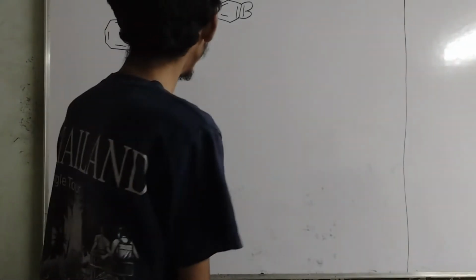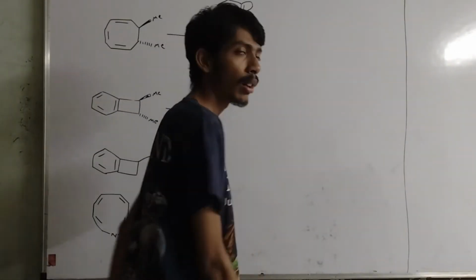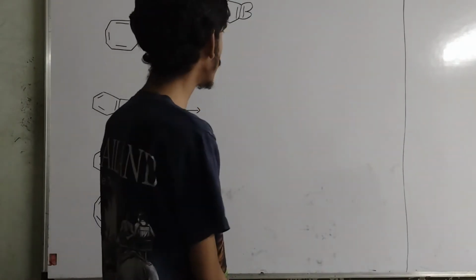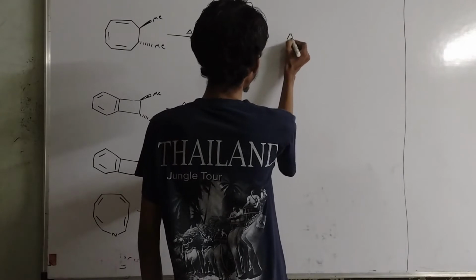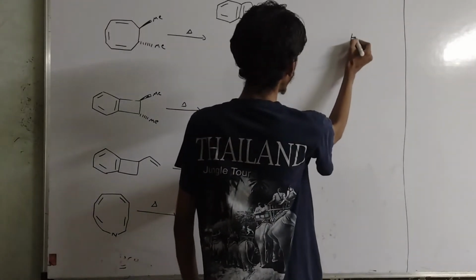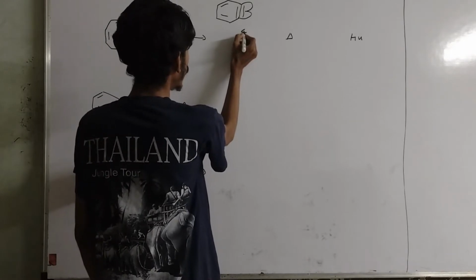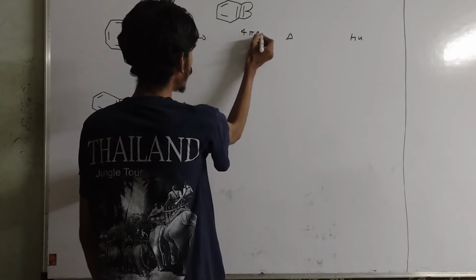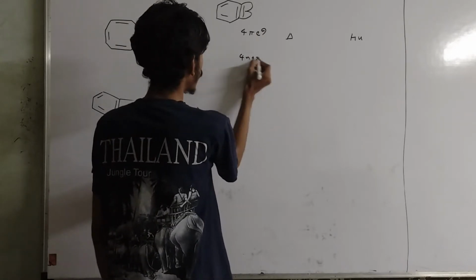Yesterday we discussed the electrocyclic reaction. You should memorize one table: heating condition and photochemical condition, and the two systems, the 4n pi electron system and the 4n plus 2 pi electron system.